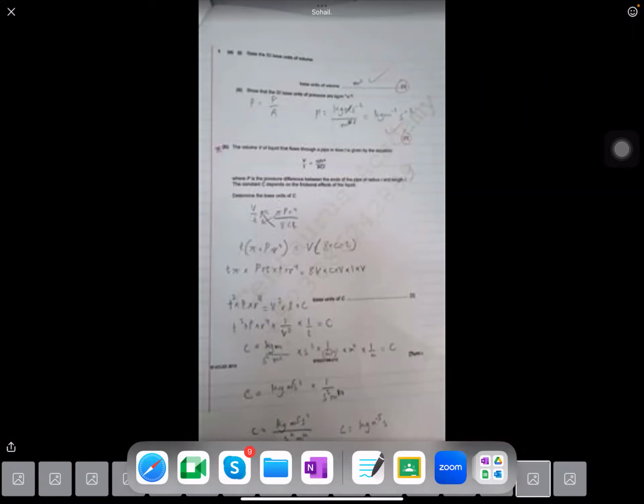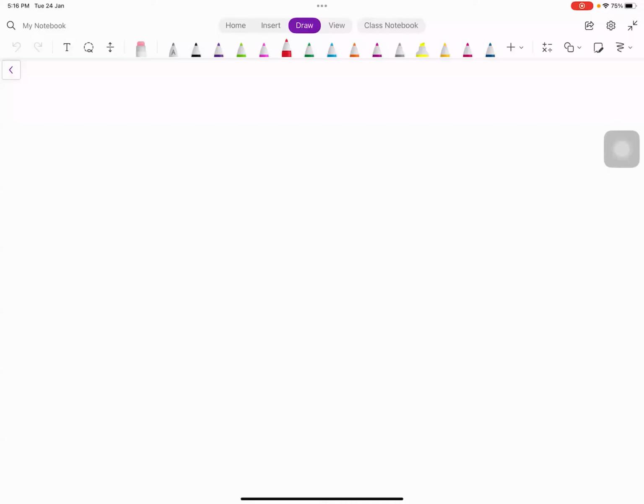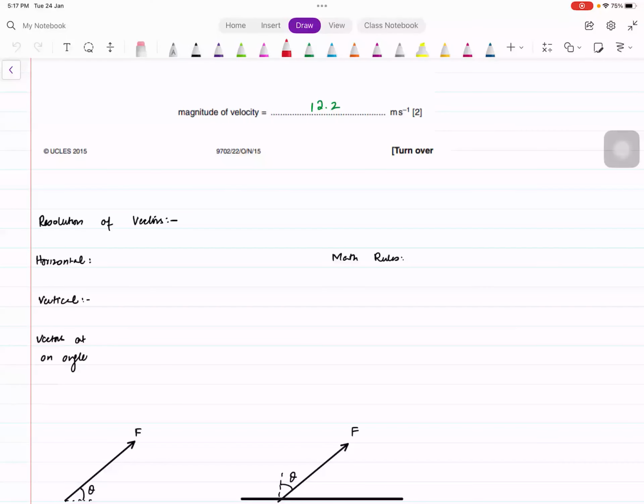No problem. So speaking of resolution, any vector that you see could be of three types. You could have a vector which is on the right or left, or up or down.